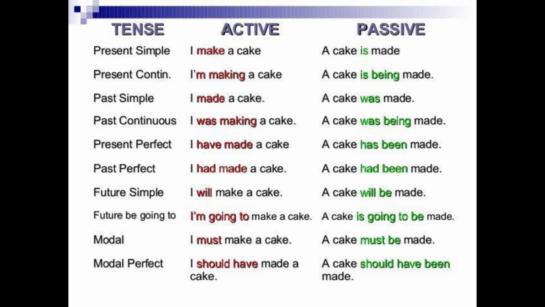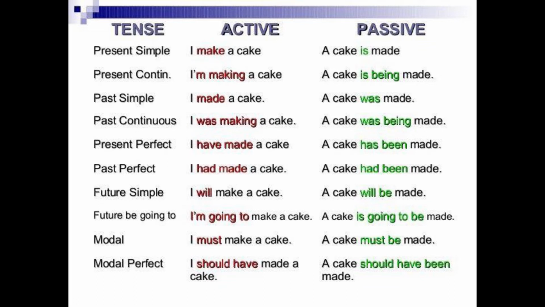You have read simple present, active, passive. You have to see the verb, and you have to see the passive also. Active: I make a cake; passive: a cake is made. Now next slide.